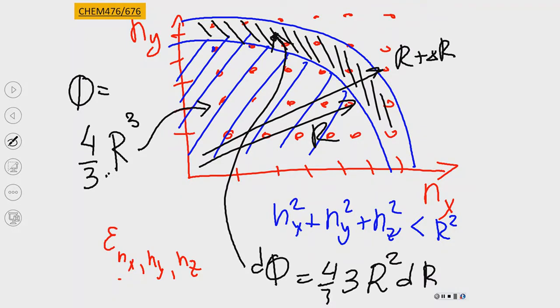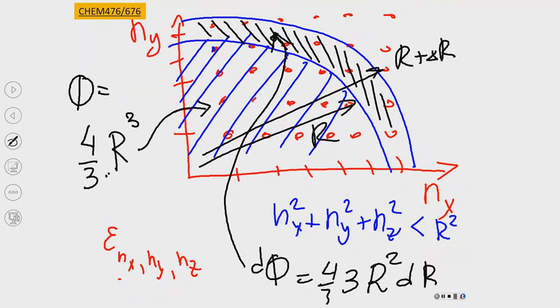So we can count how many states have this energy. We can count the area of this string. For three dimensions, it will be this stuff.